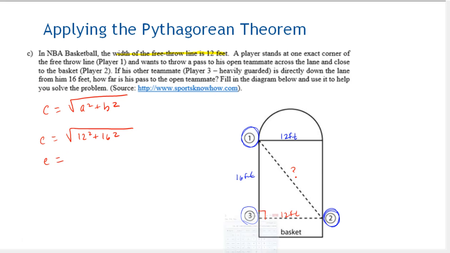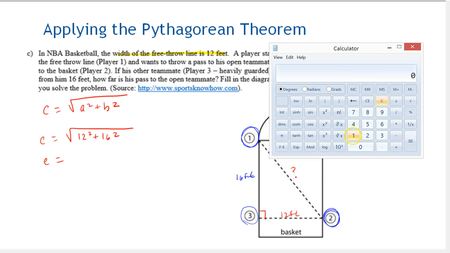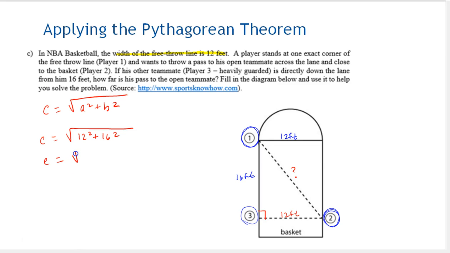Let's put those in the calculator. So 12 squared plus 16 squared is 400. And now I'm going to take the square root, and the square root of 400 is 20.